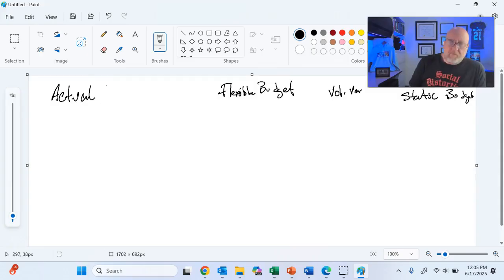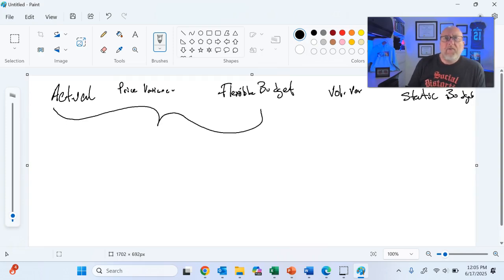Okay? The difference between the flexible budget and the static budget, we were referring to that as the volume variance. And then where we are right now, we said that the difference between actual results and the flexible budget is what we refer to as price or cost variance. Same thing, but the money variance. Okay? And now, the entire difference between actual and flexible is the price variance.